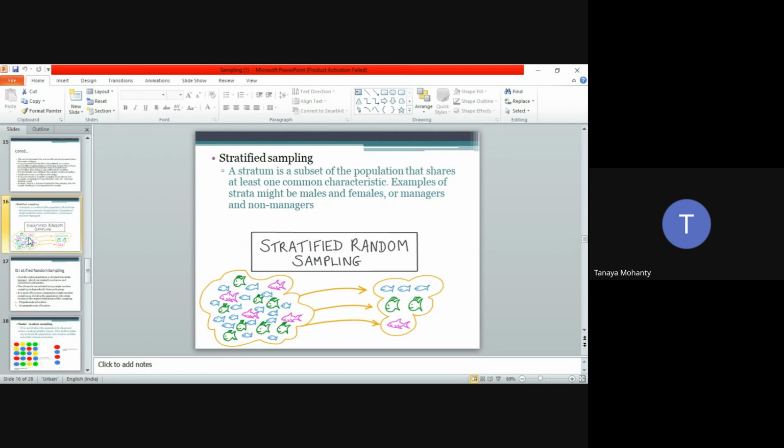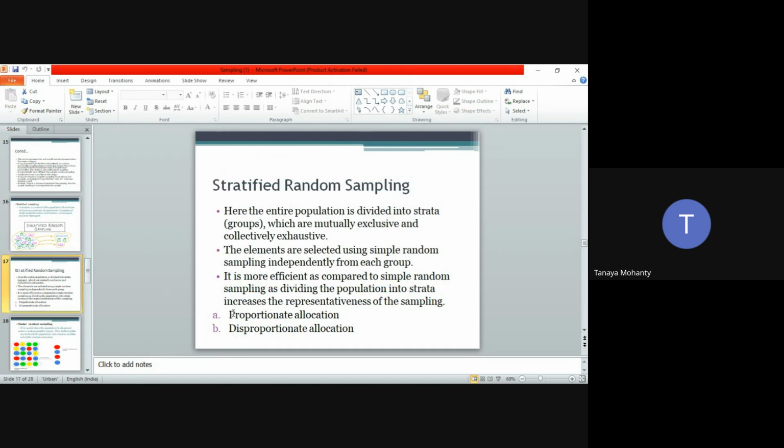I would say that I will pick up, say, 20% of my sample from the blue, 10% from the green, 15% from the green category, and 10% from the pink category. That's how I do it, because I'm choosing it proportionately. In disproportionate allocation, I will have the same amount for every category irrespective of their numbers. So there are two ways of doing stratified random sampling.